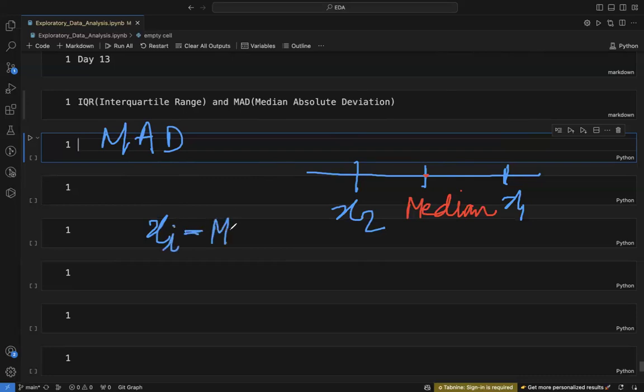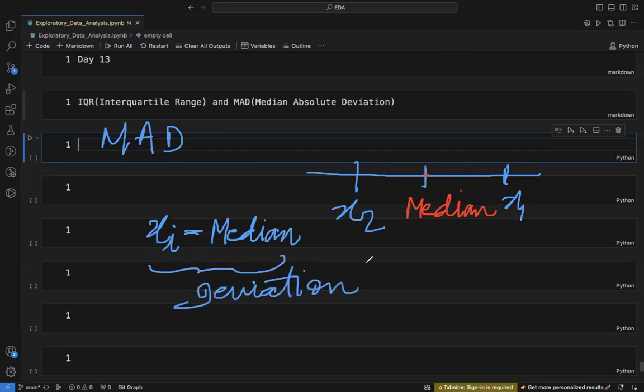This distance is basically my deviation. I'm calculating the deviation of each one of the points from the median.